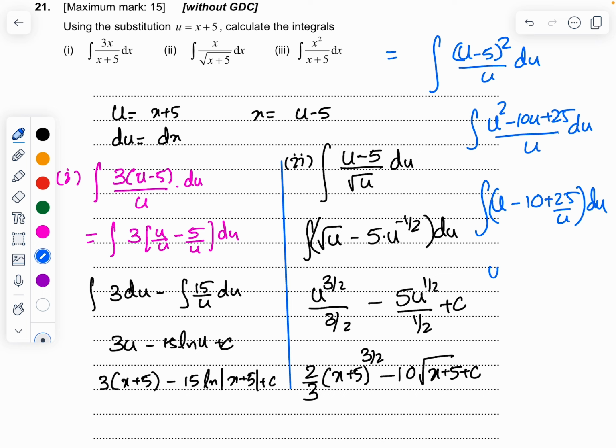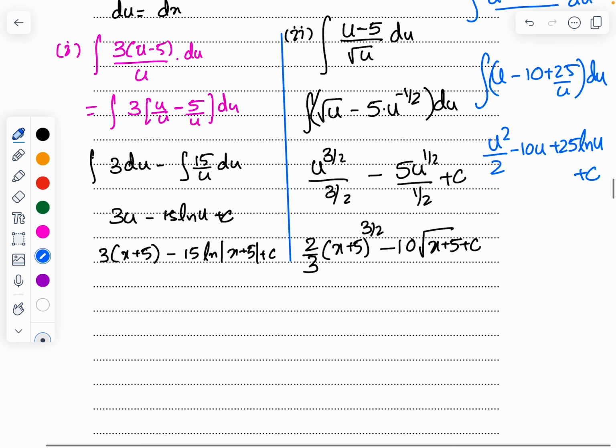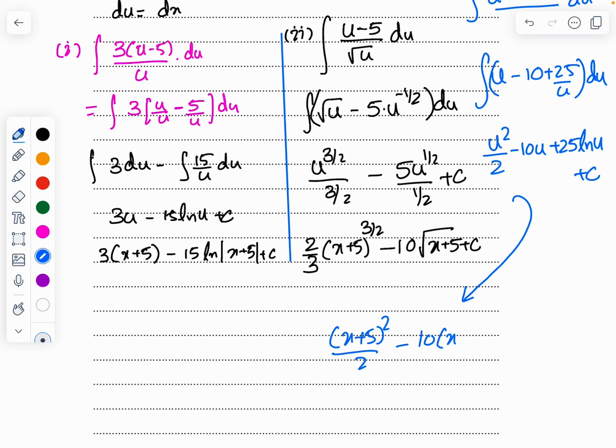So it becomes u square upon 2 minus 10u plus 25 ln u plus c. So what is that answer? x plus 5 whole square upon 2 minus 10 times x plus 5 plus 25 ln of x plus 5 plus c.